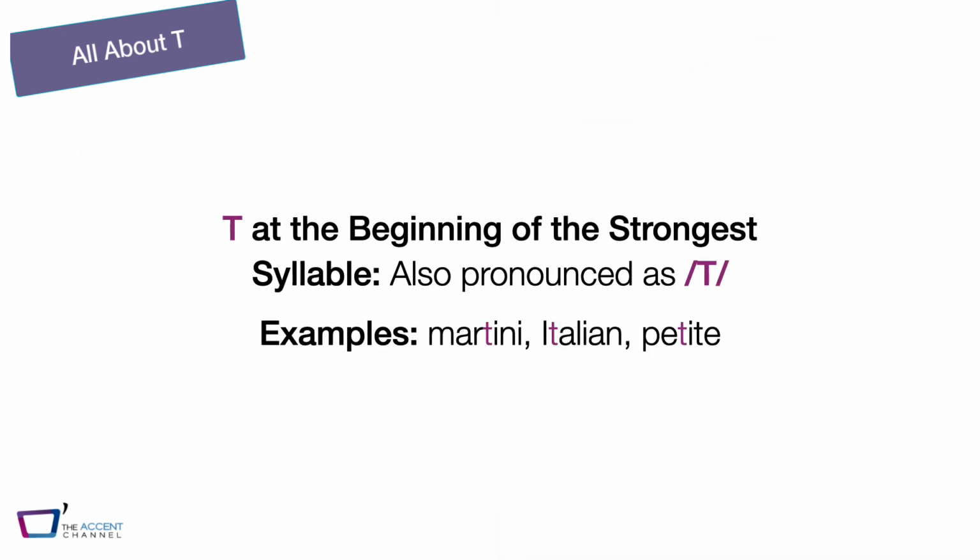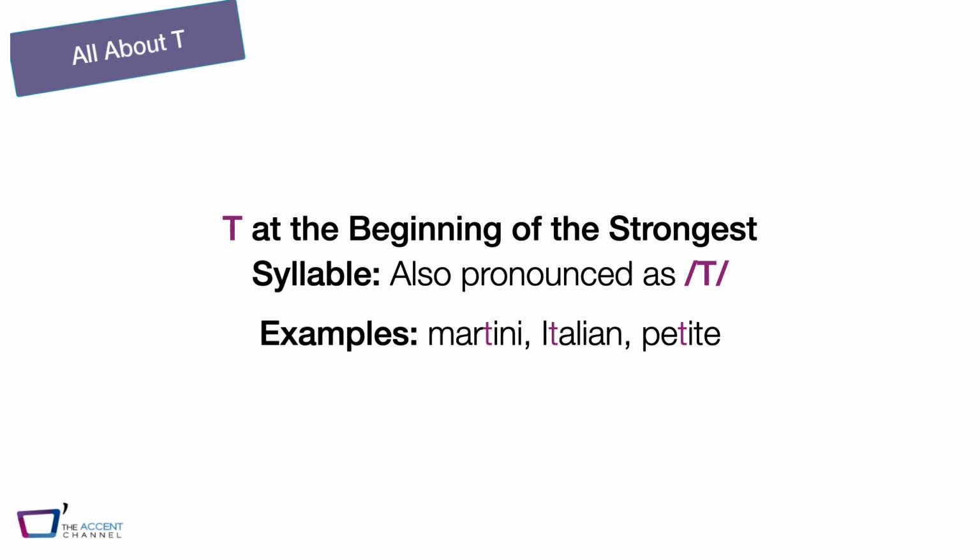Now there's one exception to this rule, and we are going to talk about that right now. So as we just learned, when you see the letters T or the letters RT together between vowels, in an American accent, you'll pronounce that as a very light D. But the exception to that rule is this.